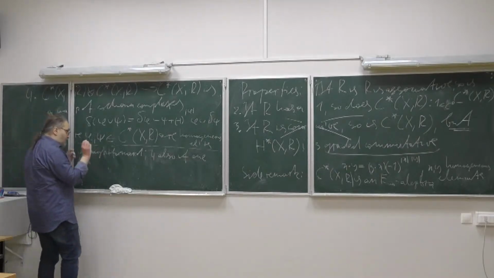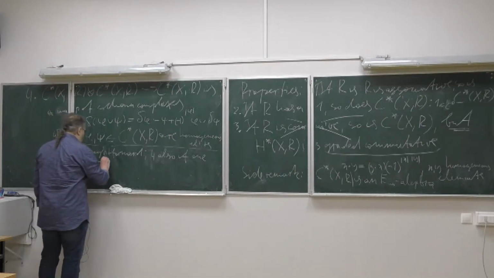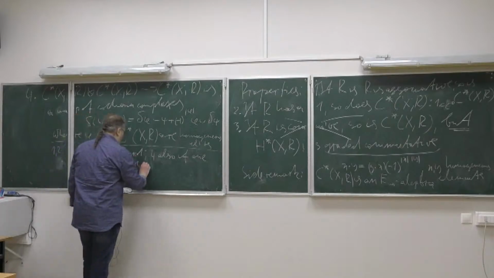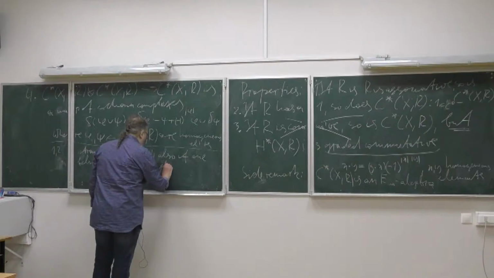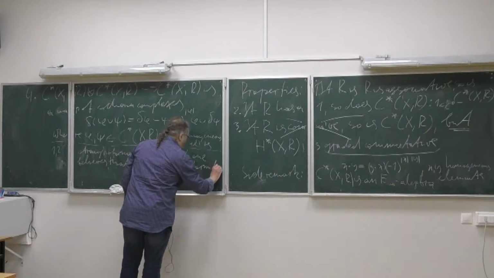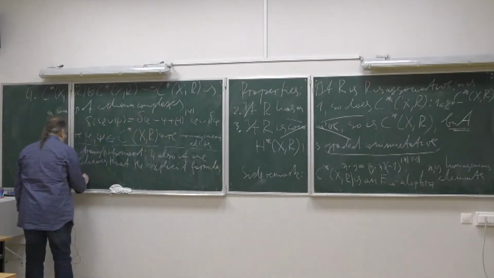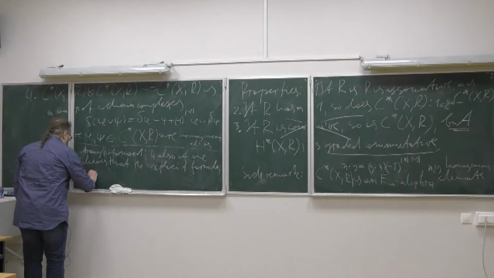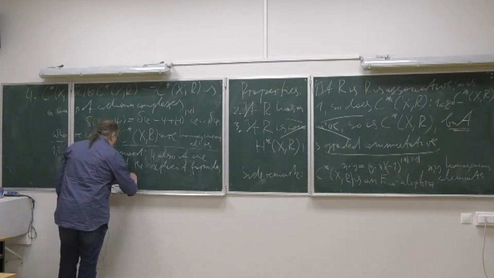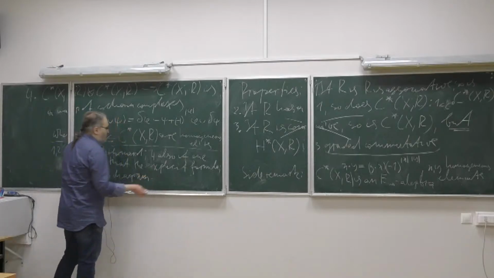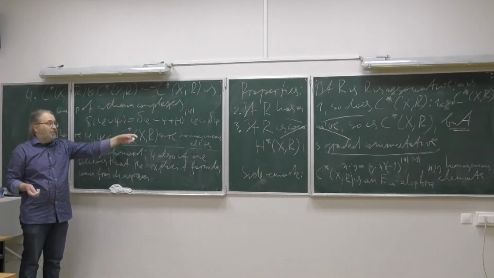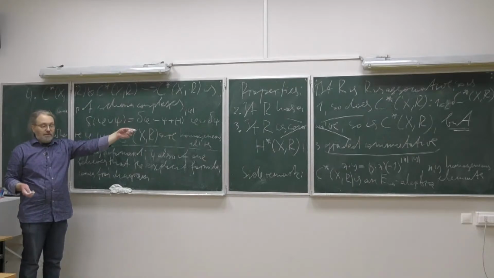Property 4 is also straightforward if one believes that the explicit formula which I wrote at some point is obtained by using the diagram.